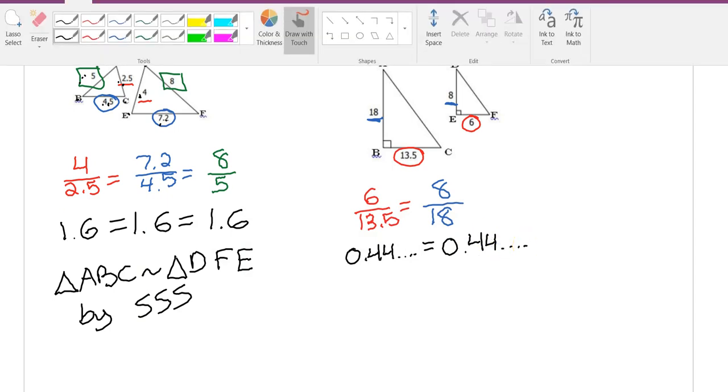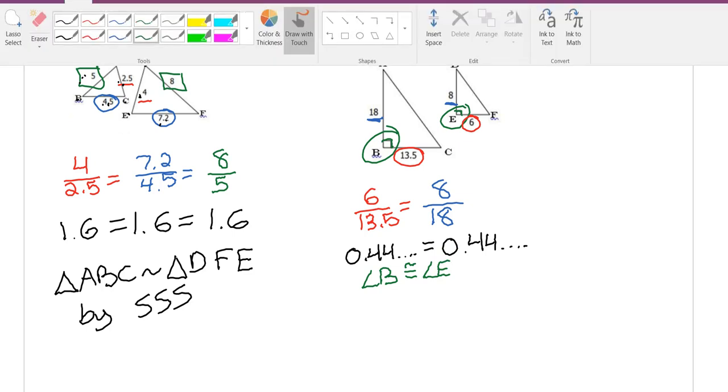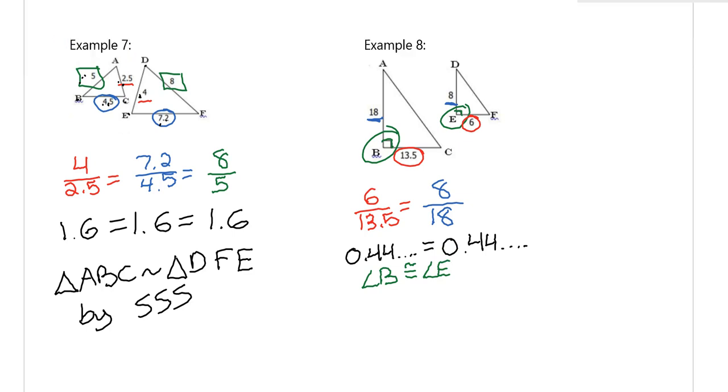So I have my two sides. I want to look at the angle between them. Well, the angles between them both have that little right angle mark. So again, those are equal. Angle B is congruent to angle E. They're both 90 degrees, right angles. So I have my sides and my angles between them. So these are similar.